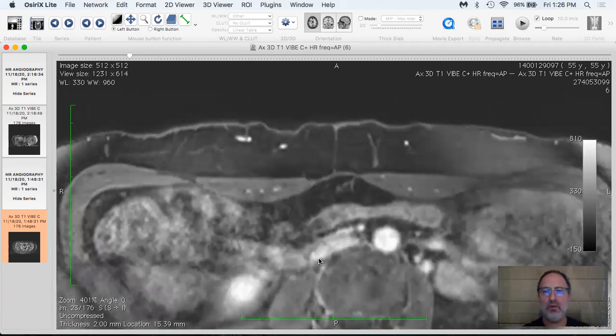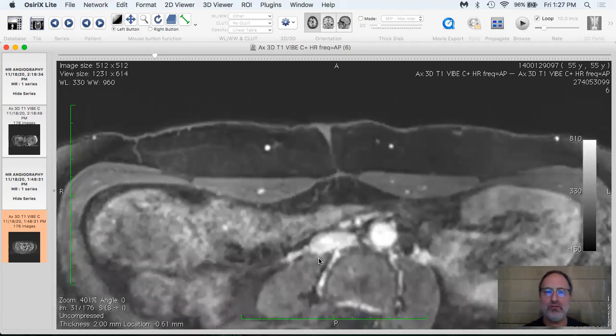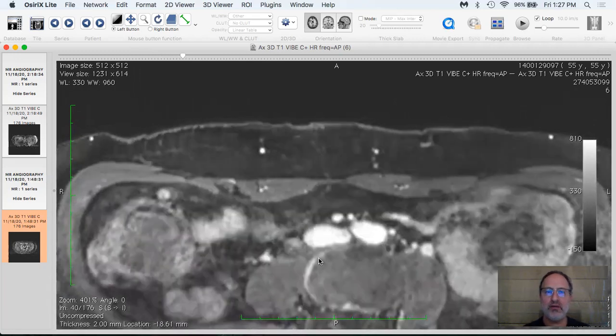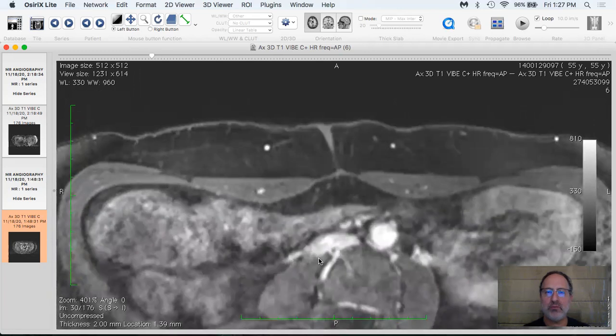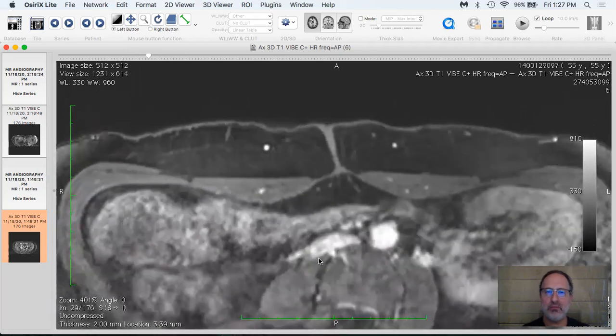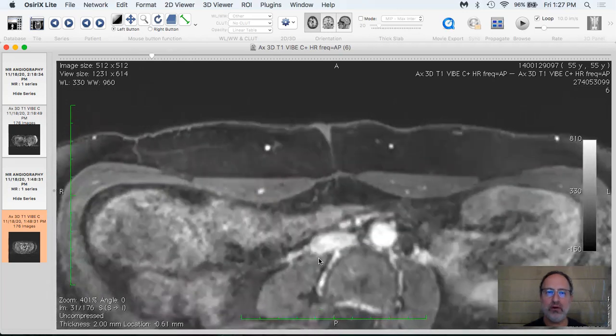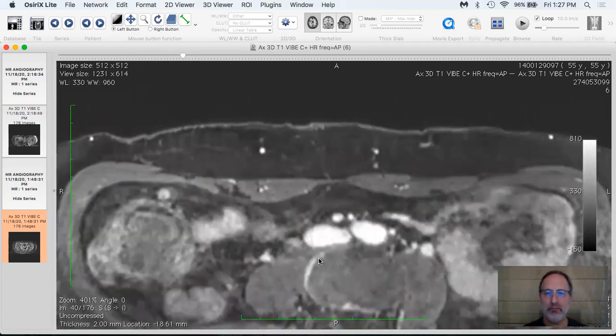So when we shoot the image, we are doing it in such a way that we are timing it for its maximum intensity with the filling of the blood vessels. So anything you see that's white is almost definitely a blood vessel.